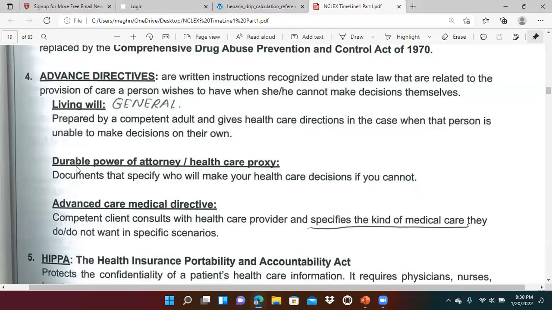Next one, durable power of attorney. It is also called a healthcare proxy. These are documents that specify who will make your healthcare decisions if you cannot.